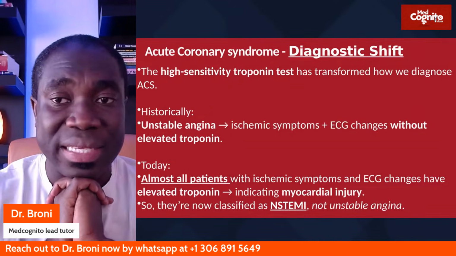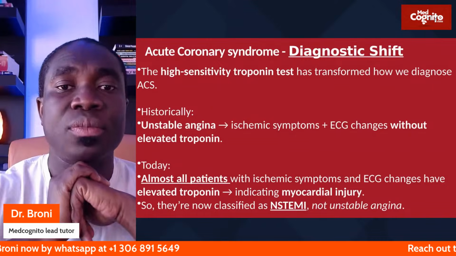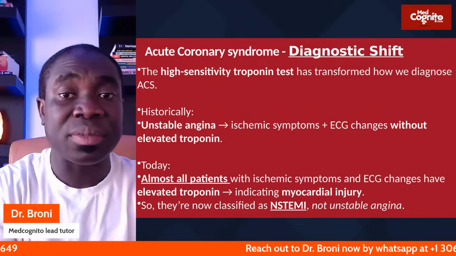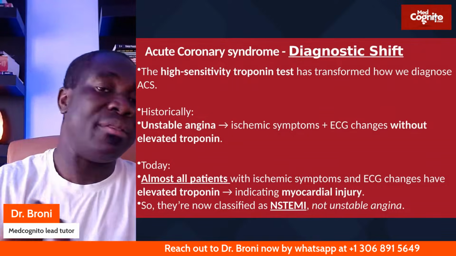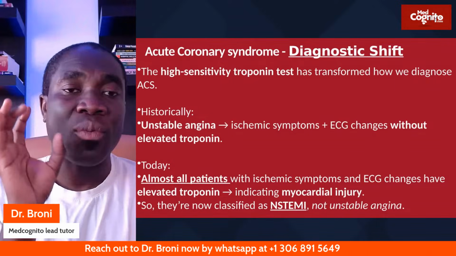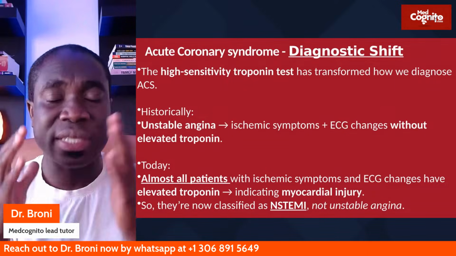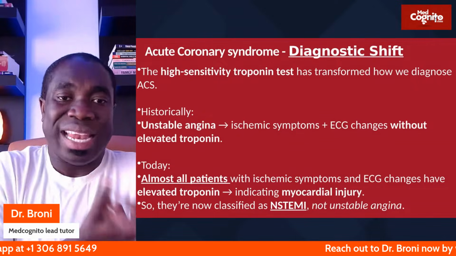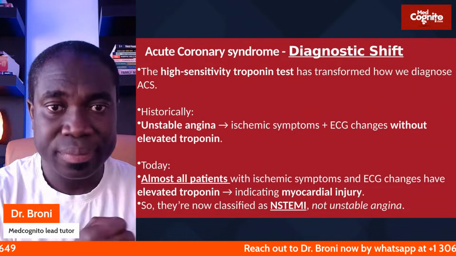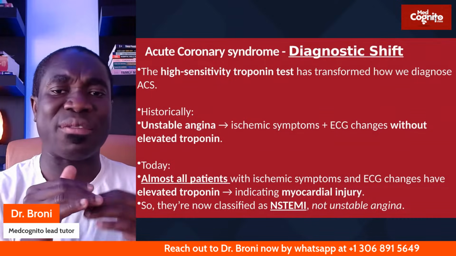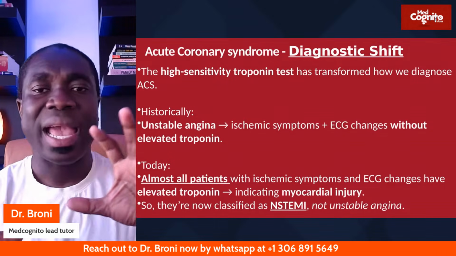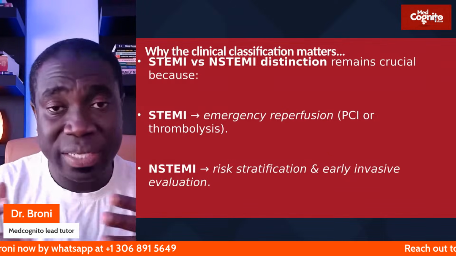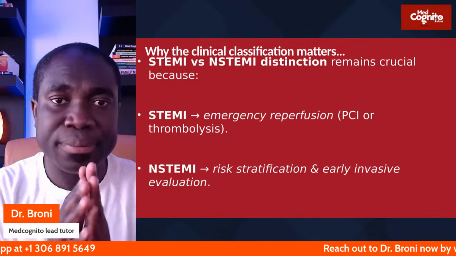But in today's terms, almost all patients with ischemic changes and symptoms and ECG changes have elevated troponin level. And whenever you see elevated troponin level, that should tell you that the patient has a myocardial injury. That means the heart muscle is injured. So they are now classified more as NSTEMI and less as unstable angina. And I'm going to take us through some questions so that we can tell the difference.